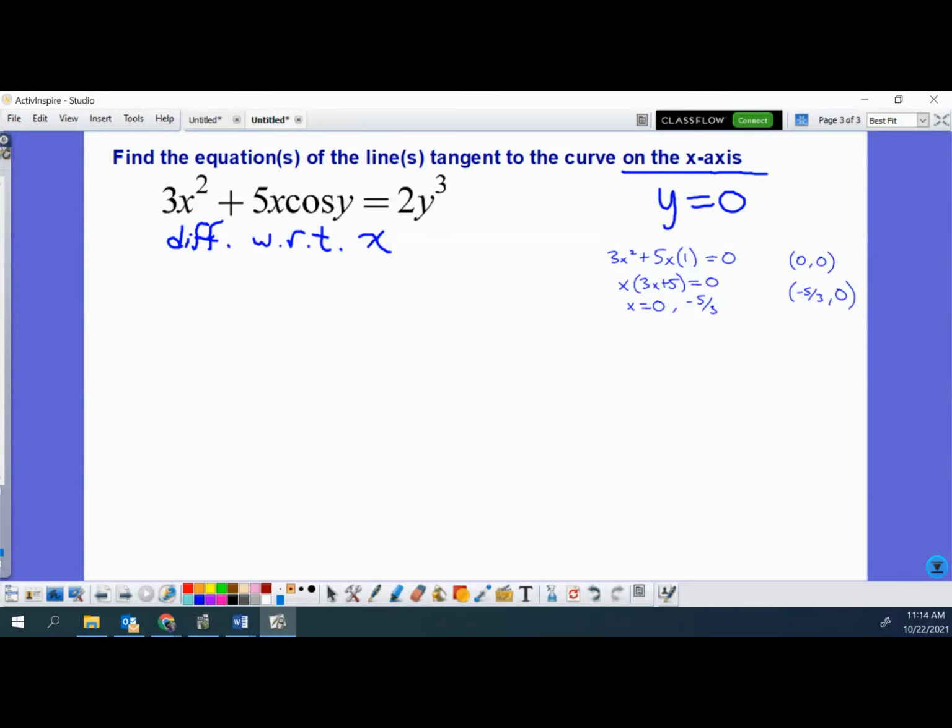Derivative of 3x squared, 6x. Derivative of 5x cosine y. Did you guys all do a product rule there? Cool. Got u, and we've got v. So I need u prime v, u prime is 5 cosine y, plus u v prime. So it's going to be 5x times negative sine of y. So I may as well put the minus right there now: minus 5x sine of y.